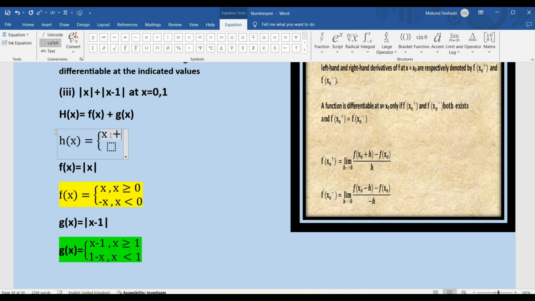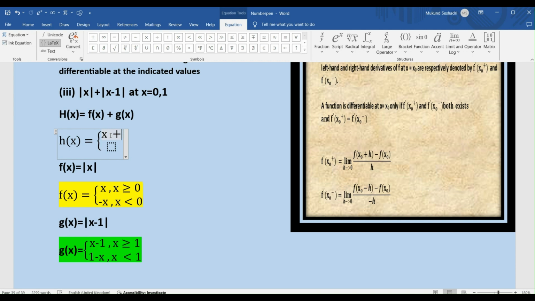Which means I will have to break the positive domain into two parts. Part 1 is between 0 to 1, and part 2 is from 1 to infinity.